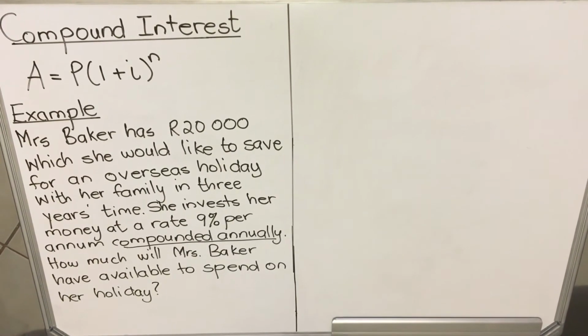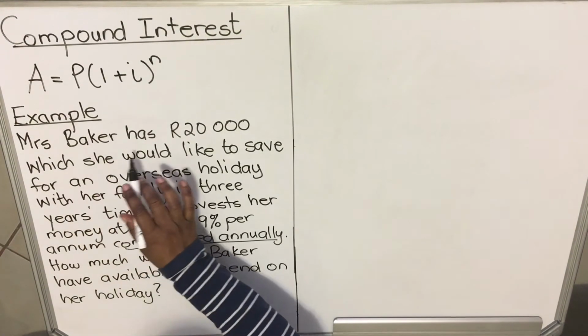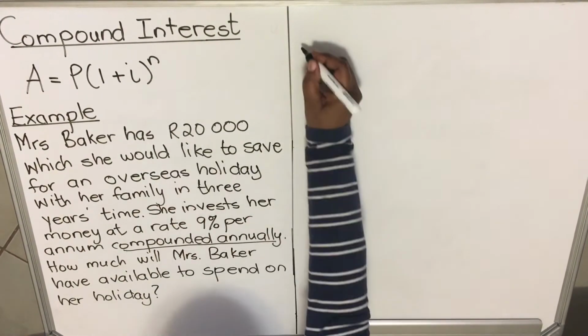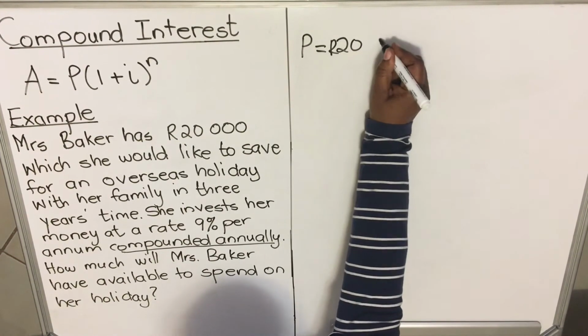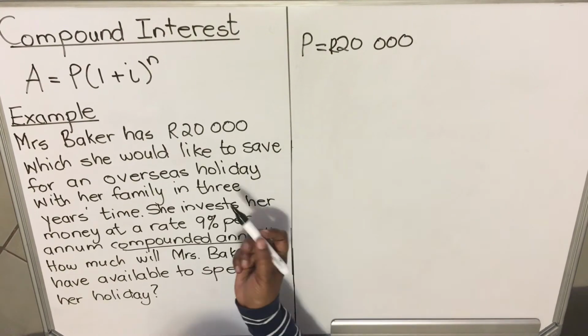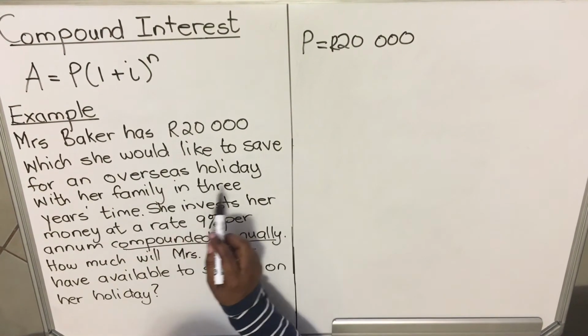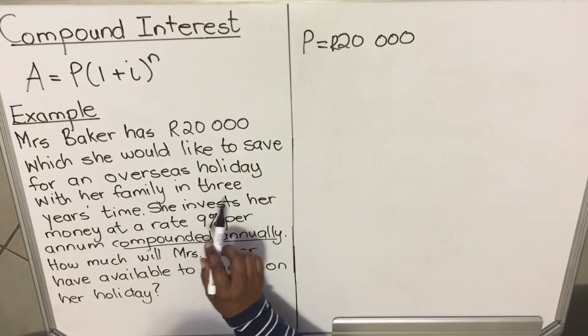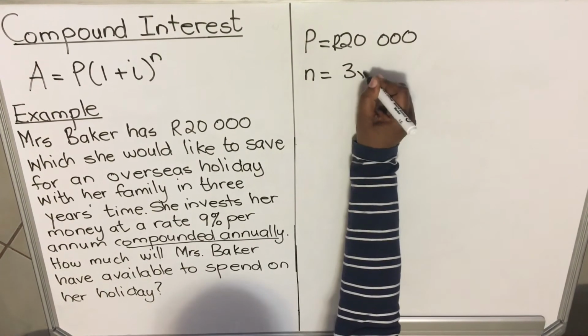Let's read the question again and write what we are given. Mrs. Baker has 20,000, so that's our P. She would like to save for 3 years. That's our N. It's 3 years.